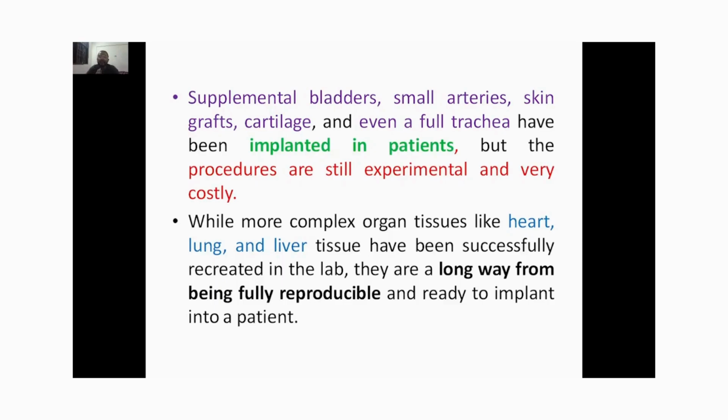But the procedures are still experimental and very costly. That's why one cannot afford all these things, because they are very costly. Why costly? Because it is not widely in use as of now.